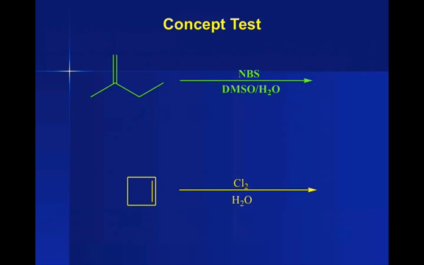No. So I don't have to draw them as being trans to one another because there's free rotation around this carbon-carbon single bond, right? So yes, I end up with a chiral center and I end up with a racemic mixture, but I do not have to show wedges and dashes because I don't have two stereocenters. So I don't have to worry about the relative stereochemistry.